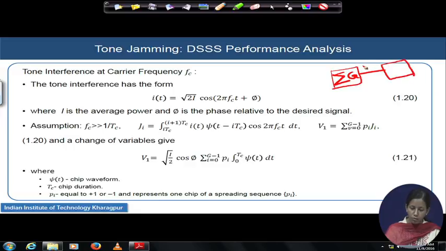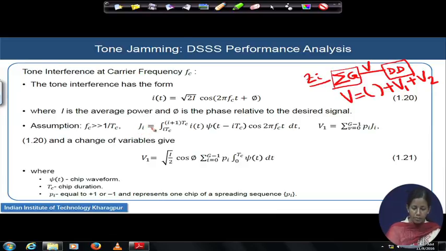I wrote in the front that the input to the decision device DD is V. This V also has three components, because we have seen that Zi has three components, Si plus Ji plus Ni: signal, interference and noise. So, here also we will see three components. One contribution is from the intended signal part, another is from the jamming part, which we define as V1, and the third is from the noise part, which we define as V2.